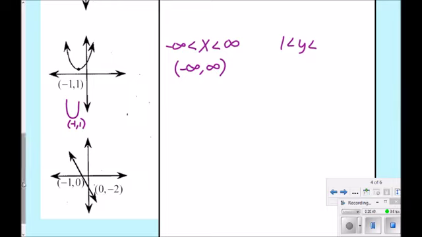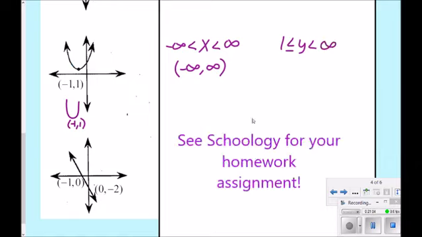But -1, 1 is a point, which means it does equal. So if I'm writing the low, that's 1, and it does equal that. Now, high, it's pointing up forever. So that means positive infinity, and it doesn't equal. So the 1, it does equal, which means bracket, comma, infinity, parenthesis, because it does not equal. And that's where we stop.